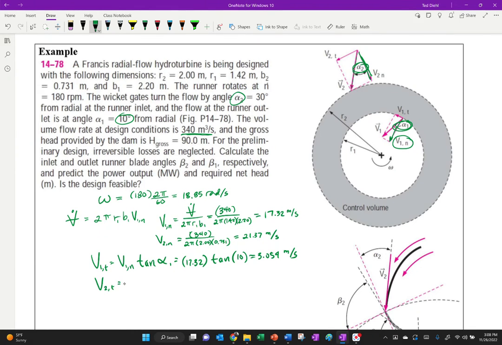And V2 and tangent alpha 2. So we have 21.37 and the tangent of 30 degrees. So we have 21.37 meters per second.